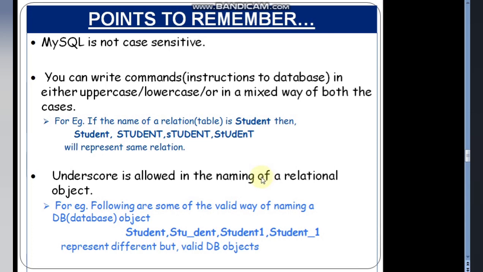Let us take the example of a relation named student. Suppose the name of a table is student. Now if you write student like this, or like this, or fully capital, or in any of these ways, with a combination of capital and small letters, they will all refer to the same database object.